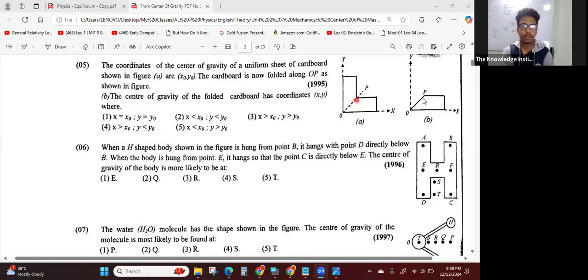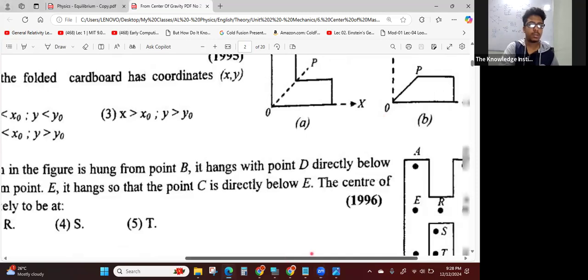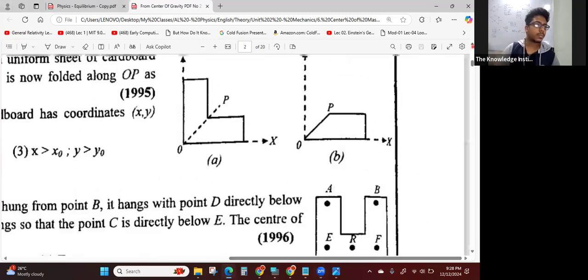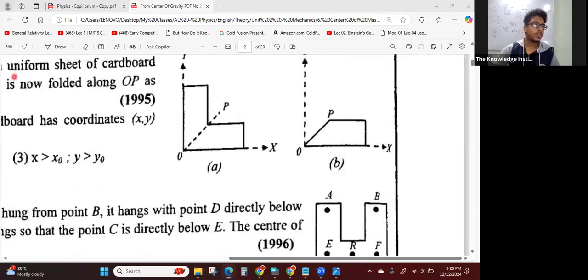So X naught, Y naught is here, and you want to write the relation between X, Y and X naught, Y naught. So the X naught, Y naught coordinate will be there.